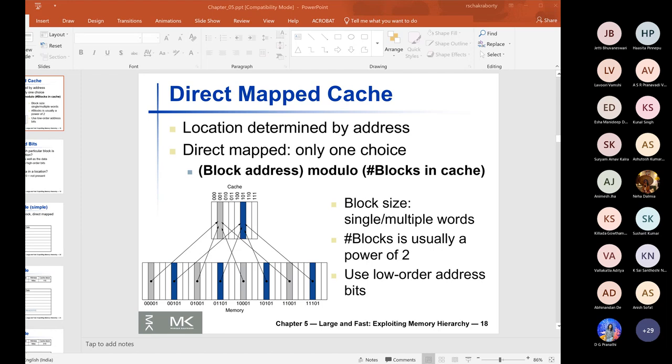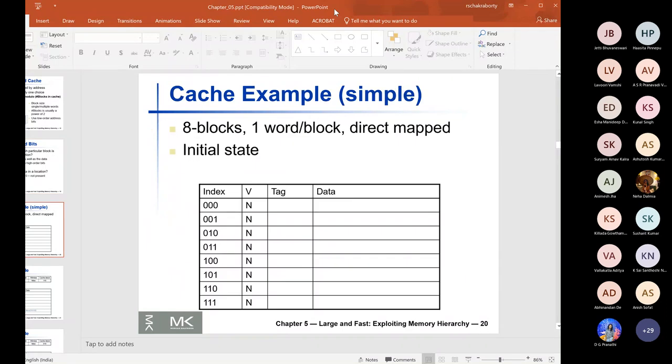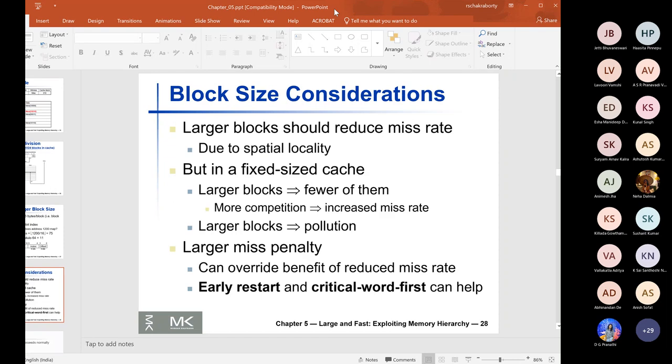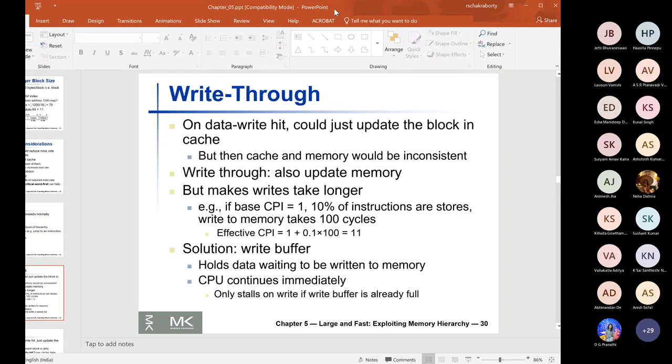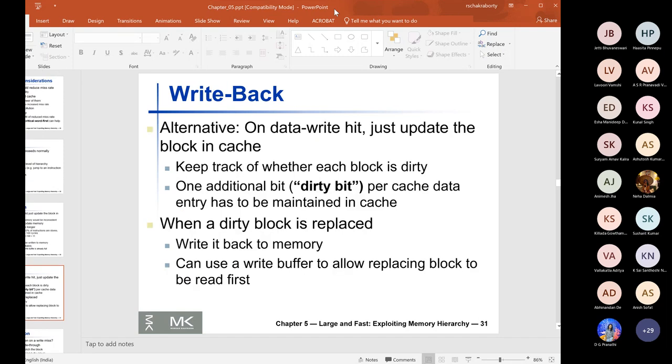Such a policy is called a write through policy. Okay, so there are two options. One is called write through, and another is called write back. Of course, write back is more complicated.